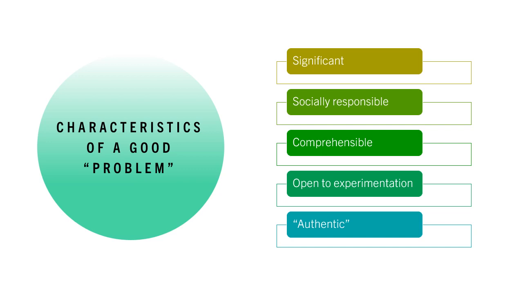So whether your problem is given to you, as we saw in a couple examples, or if you invent it, a good problem or a good idea is usually one that includes the following things. Number one, a good idea or a good problem or a good question is significant or important.